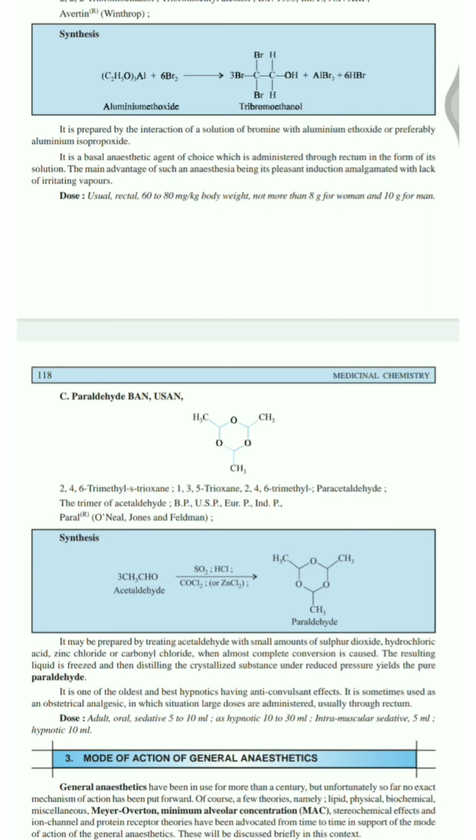It gives our paraldehyde, which is mostly used nowadays. It is one of the oldest and best hypnotics, having an anticonvulsant effect. It is sometimes used as an obstetrical analgesic, in which situation large doses are administered through the rectum.